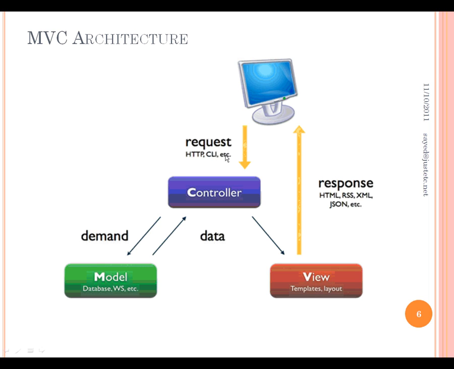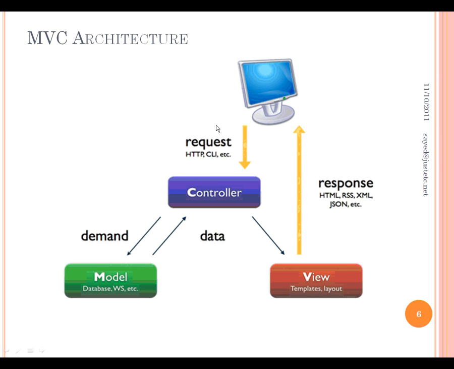So you can see when a request comes, the controller handles it. It can provide security, filtering, some sort of mapping, internal URL and external URL mapping, those kinds of things.